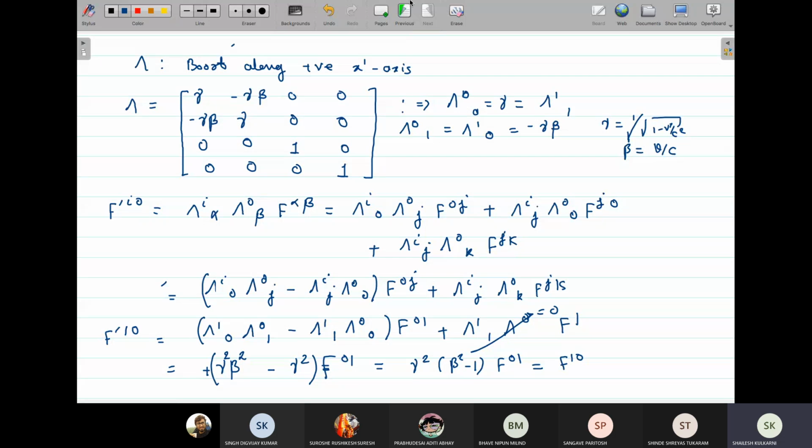So this implies that F prime 10 is nothing but E prime 1, the x component of the transformed electric field, and F10 is E1. So E1 prime is equal to E1.